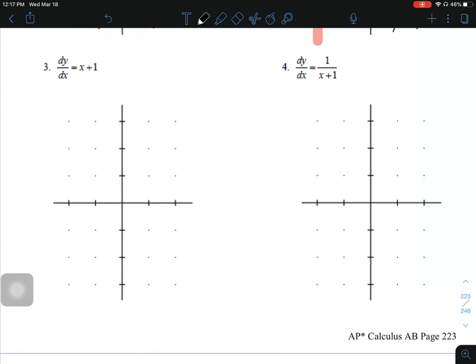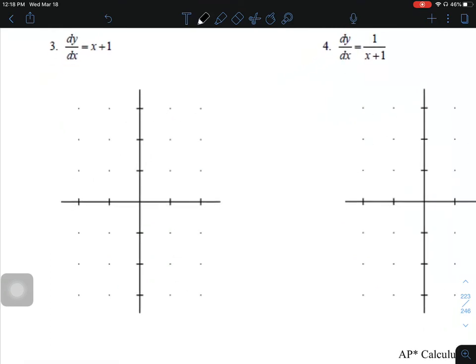Number 3, this one shouldn't be too bad because there's no y's in it. Just whatever x value you have, you add 1 to it. Y has no effect. So for example, for all these x values here, which are negative 2, we add 1 to those. Negative 2 plus 1 is negative 1.